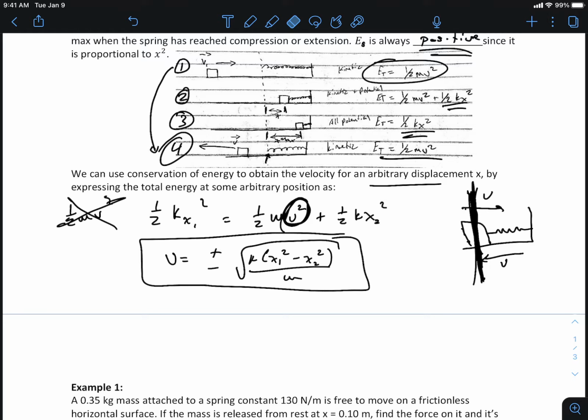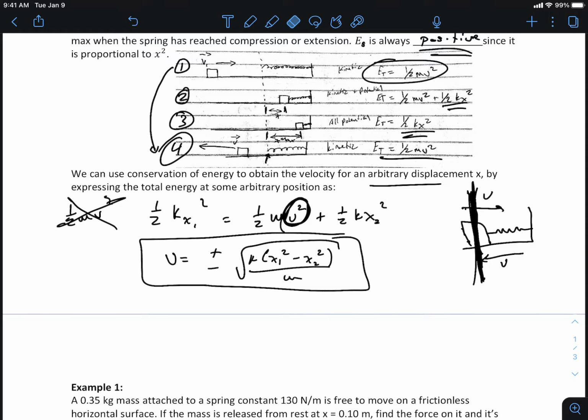Once when it passes through that arbitrary point on the way as it's compressing the spring, and then as it's going to stretch it out on the way back. So that would be how we would solve for the velocity at any particular arbitrary displacement of the spring.